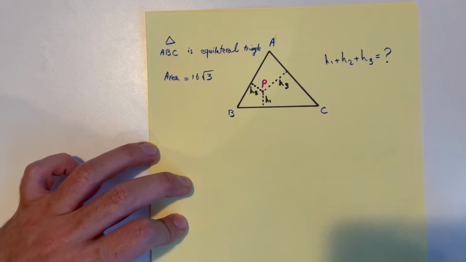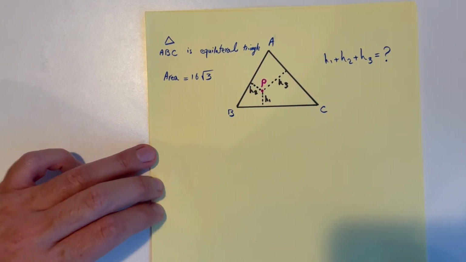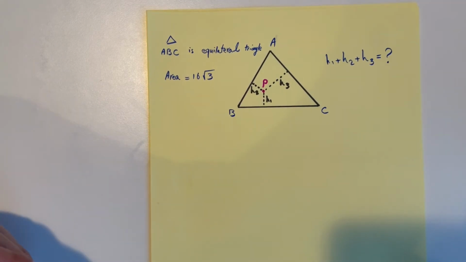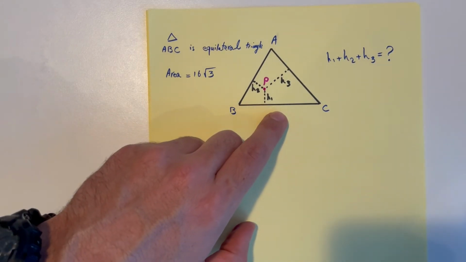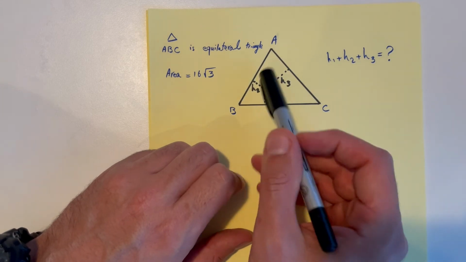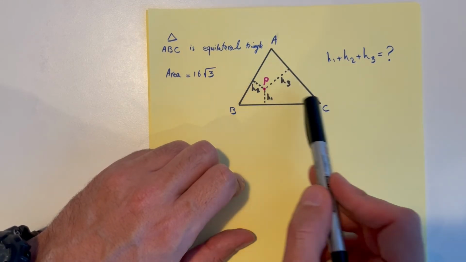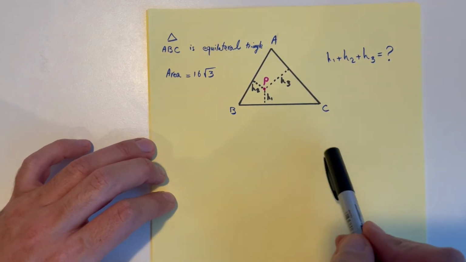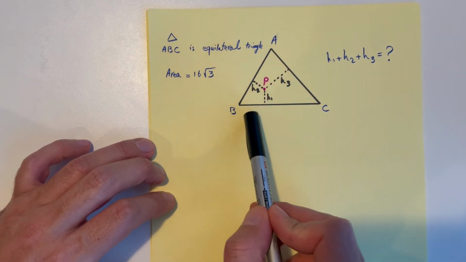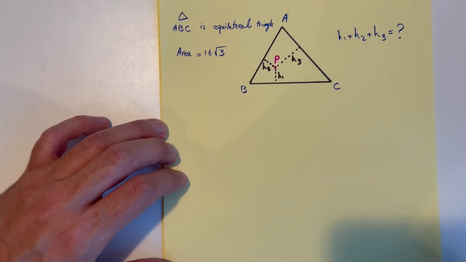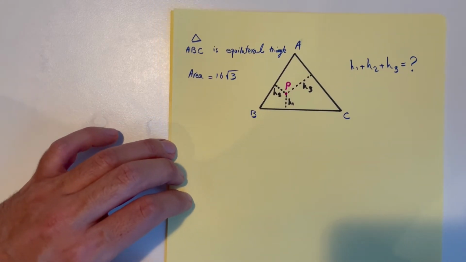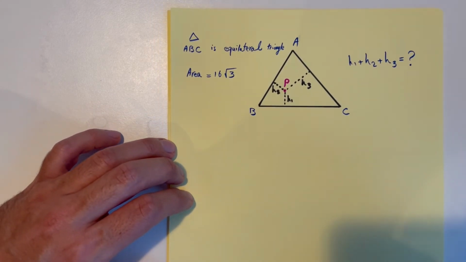And this is the explanation of Viviani's theorem. Even if you do not want to use Viviani's theorem or you don't remember it, you can use the way we proved it: divide this triangle into 3 triangles, write the area of triangle ABC based on those 3 triangles, and then find the final answer for this problem.